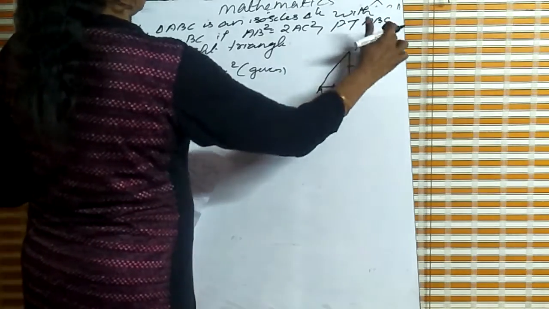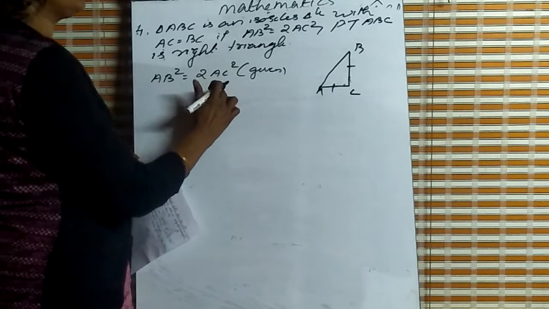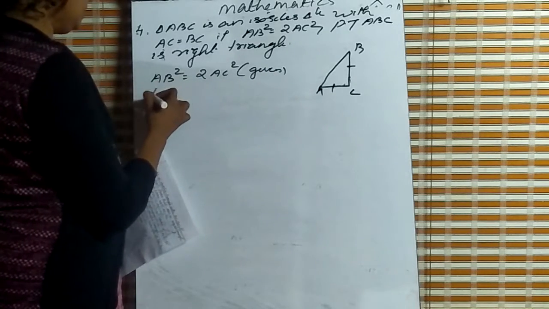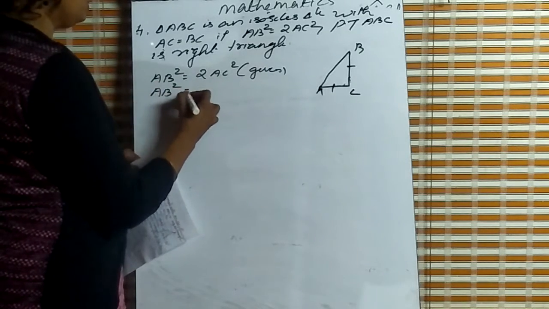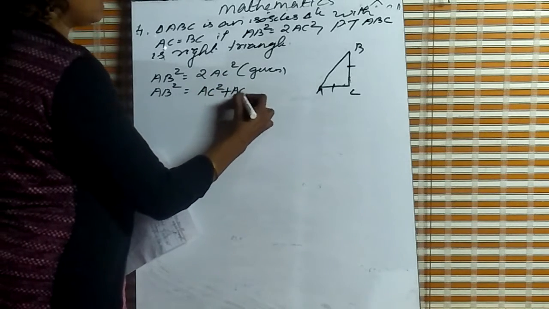We have to prove that ABC is a right triangle. Only given AB square is equal to 2AC square. AB square is equal to 2AC square means AC square plus AC square.